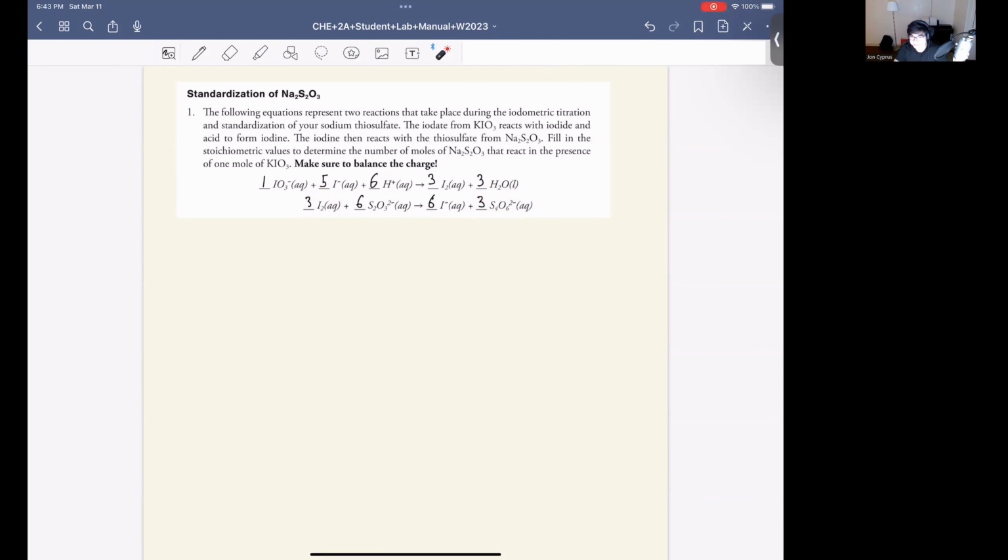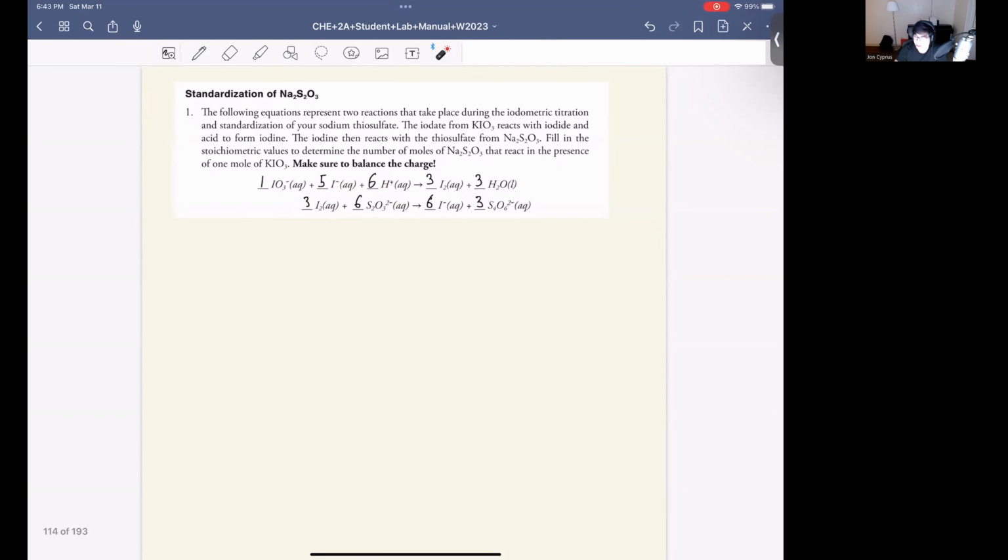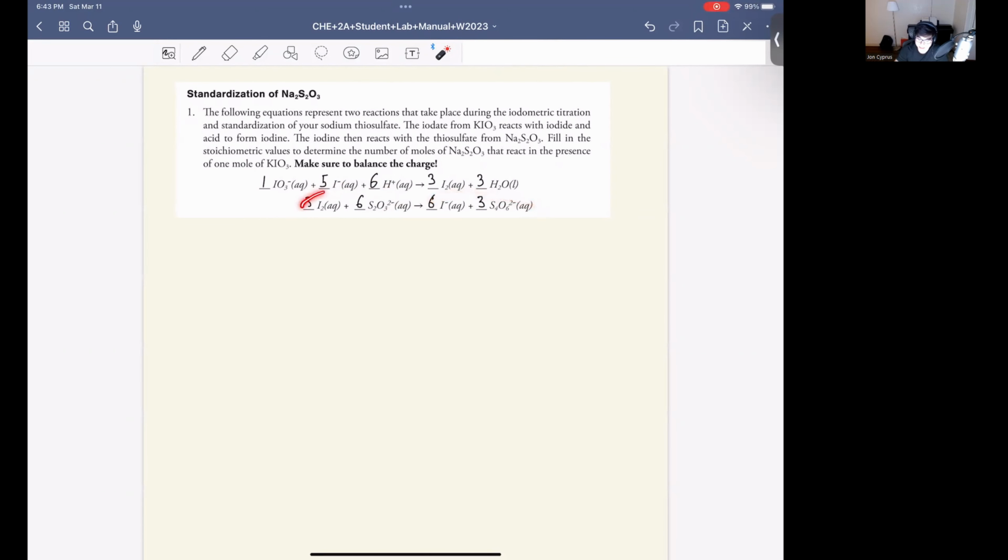Interestingly enough, you can see on this side we have a higher negative charge than this side, if everything is just 1. On this side, this one has 2, this one has 3. And so you have to find a way to multiply each side to get the appropriate charge.